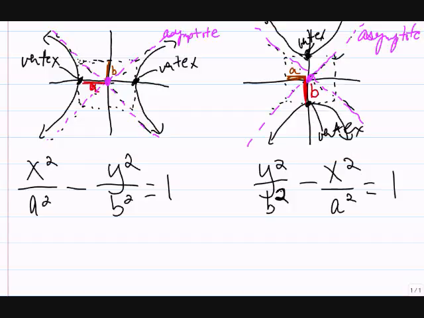And the equation of the asymptote that goes through 0, 0 is going to be y equals b over a times x, and y equals negative b over a x. And that's going to be the same for either orientation.